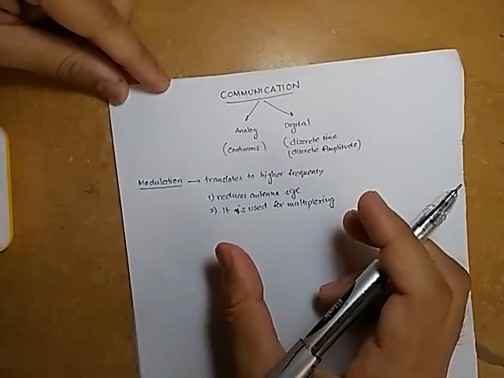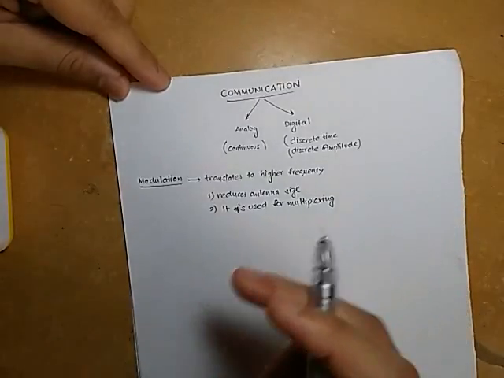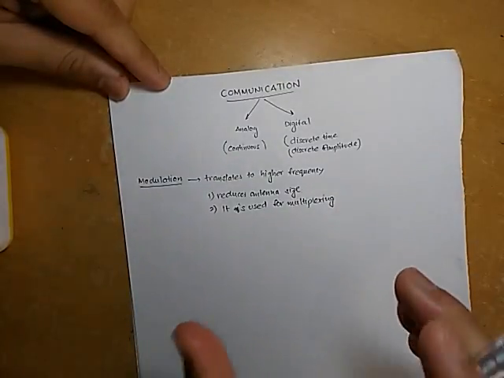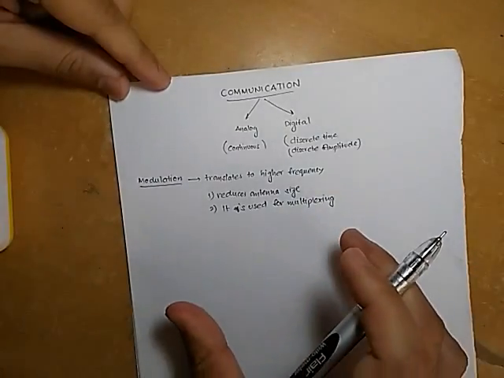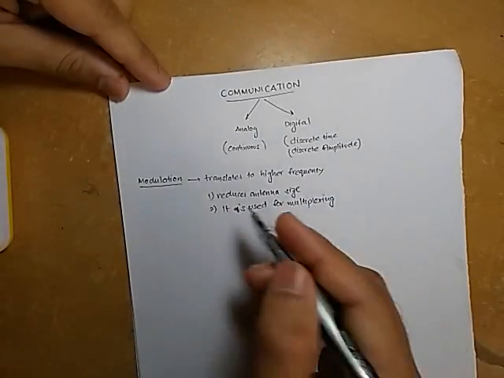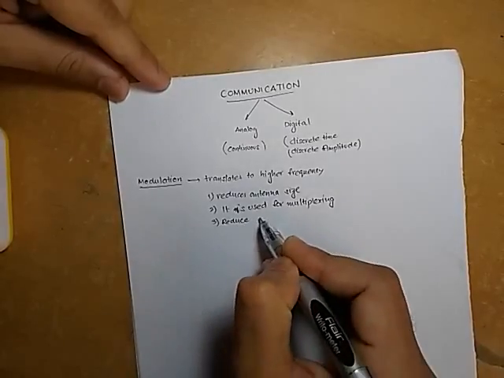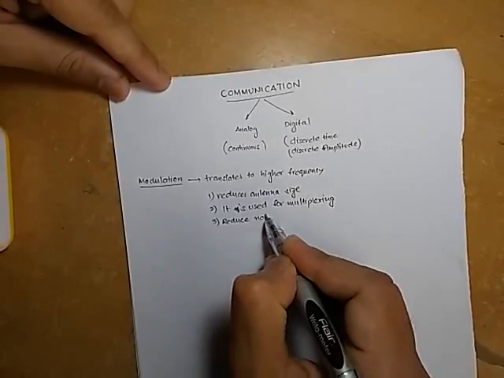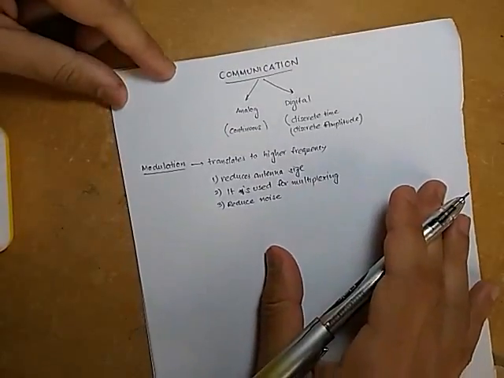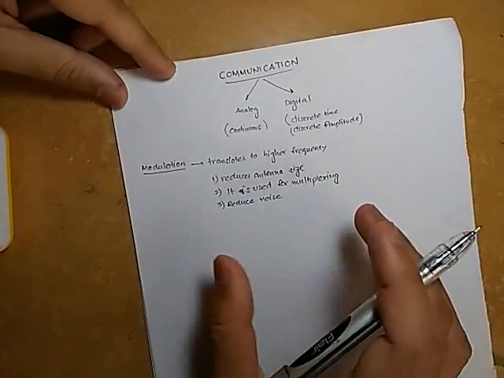Multiplexing is actually combining two or more signals to transfer through the same channel. And the third one is to reduce the effect of noise over the signal.